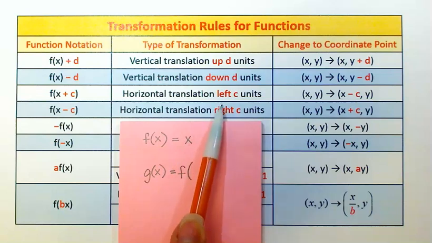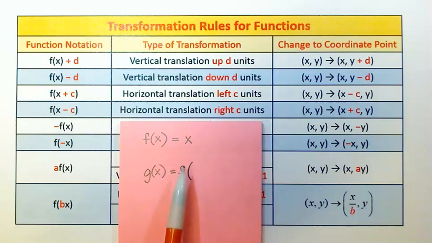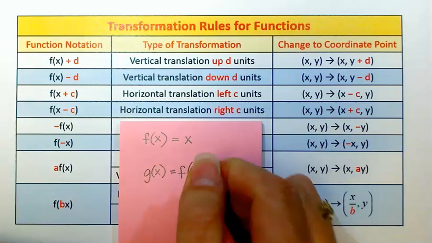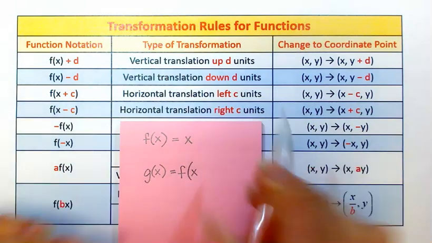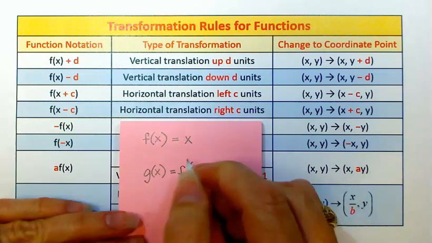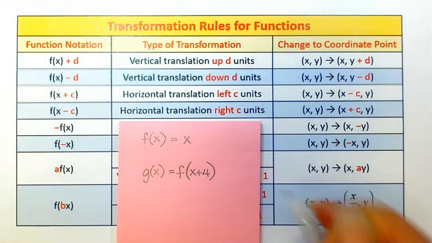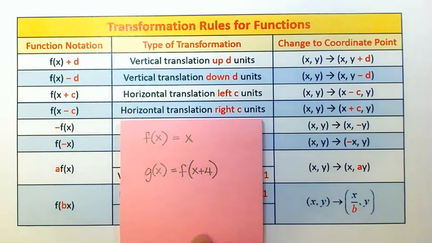If you look at your little magic decoder, we are going 4 units to the left. So we're going to say x, and then our number of units to the left is a plus 4. And that is it. We're done.